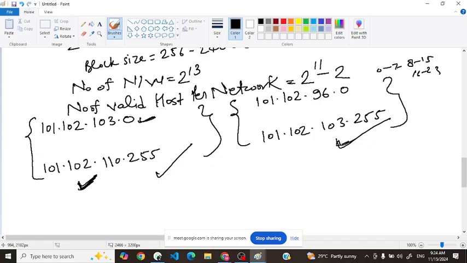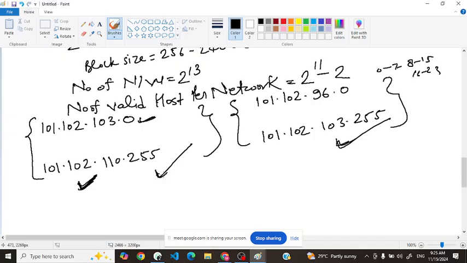Then the network ID is 96.0, but this one is also correct. If no tricky condition has been given in the question, then this one is also correct. Both concepts are correct. Are you getting my point?